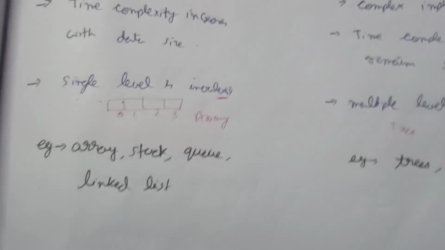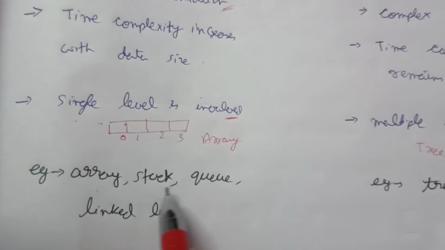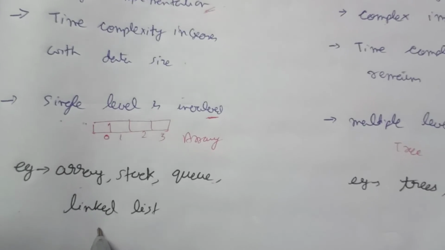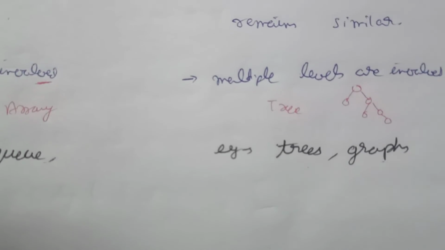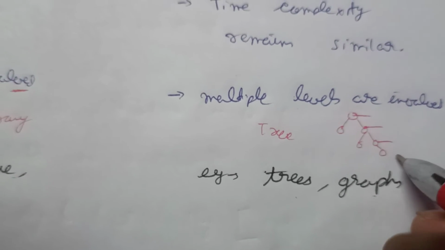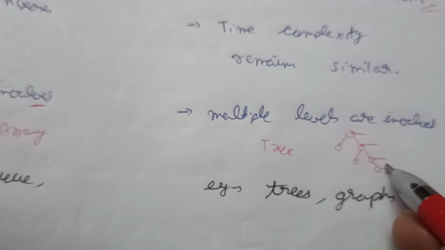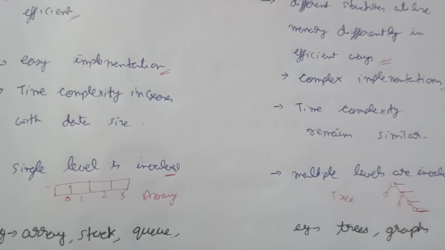We have already seen all the examples, so let's take them again. Array, stack, queue and linked list are linear data structures, and trees and graphs are non-linear data structures. For a tree we have different levels: level 1, level 2, level 3. Suppose for this example we have 4 levels, and here we have only 1 level. That is what I meant by my last point.